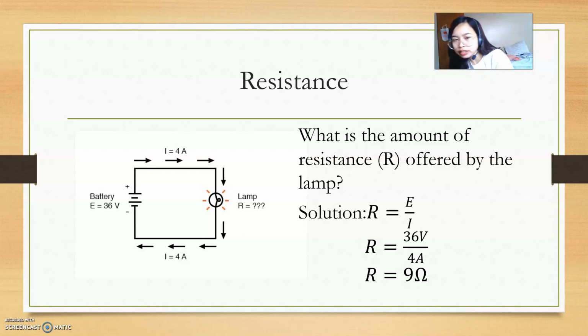So let's solve for the resistance in the circuit. Our resistance is equal to voltage over current. The current there is 4 amperes and the voltage is 36 volts. So 36 volts divided by 4 is equal to 9 ohms. Again, the unit of measurement for resistance is ohm.